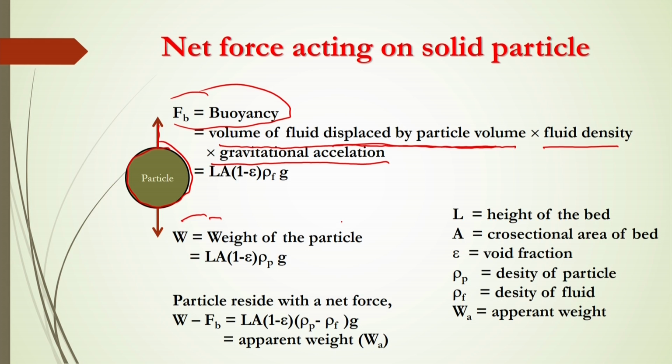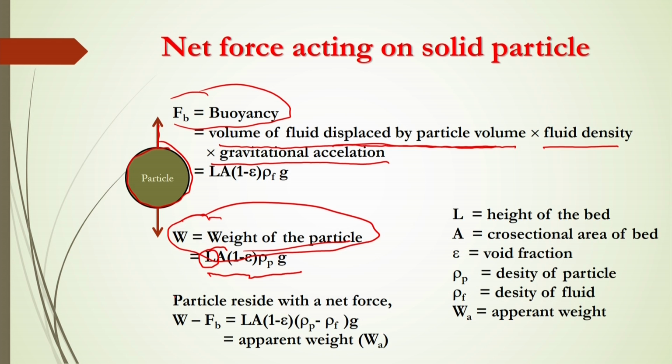Now, this apparent weight is nothing but, what will be the actual weight of the particle is this: L A into 1 minus epsilon into rho p into g. What is this? This is not a single particle here, it is the total amount of particles. What will be the weight of the particles in the fluidized bed? Now, what will be the L?